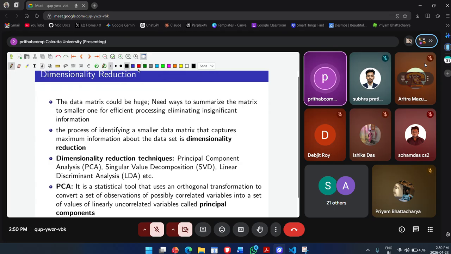So we need ways to summarize the matrix to a smaller one for efficient processing, eliminating insignificant information.